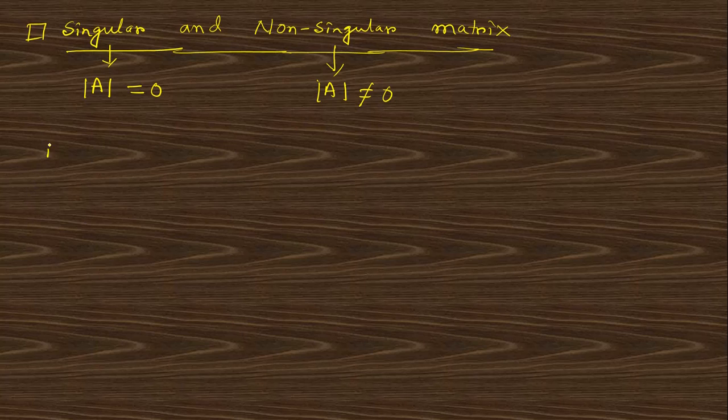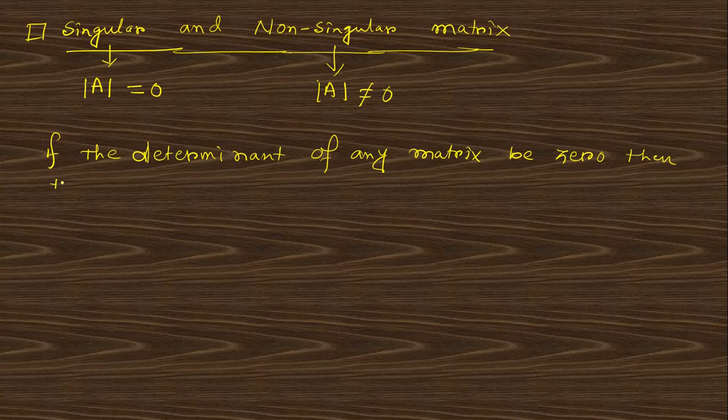Very simple. If the determinant of any matrix is 0, then the matrix is known as a singular matrix, that is, det A equals 0.